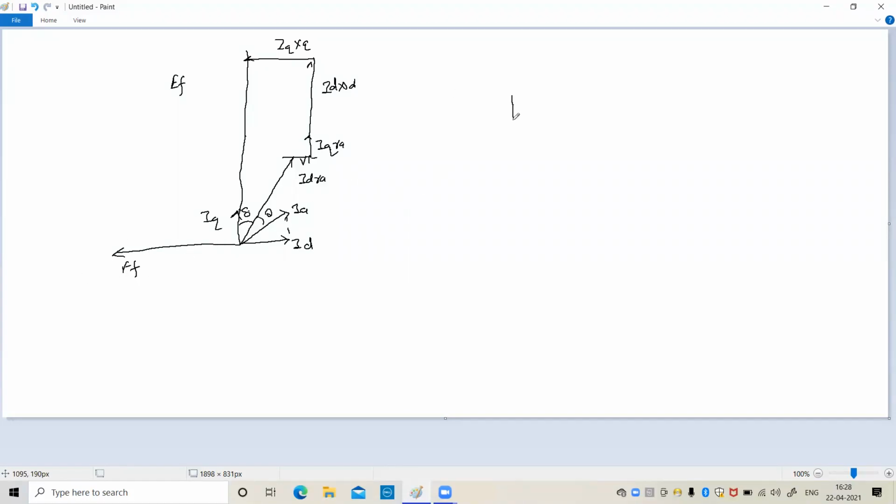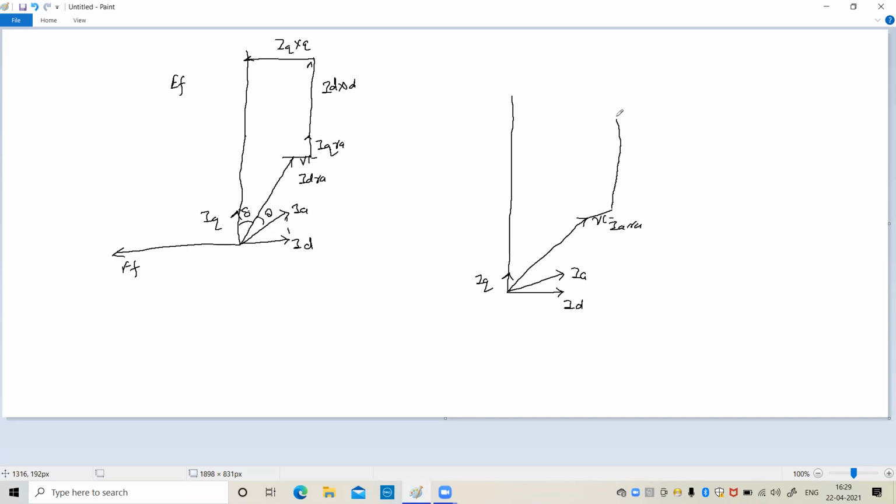So it is simply, there is a terminal voltage VT, and the armature current IA. It has two components, one along the direct axis, one along the quadrature axis. So there is an armature resistance drop, IARA.